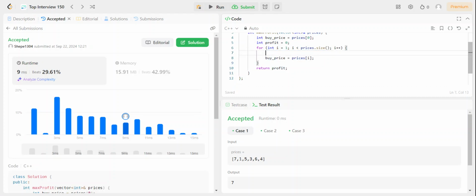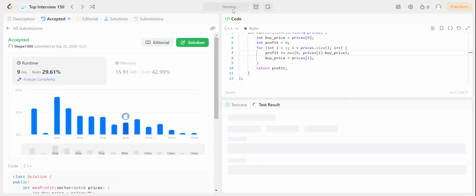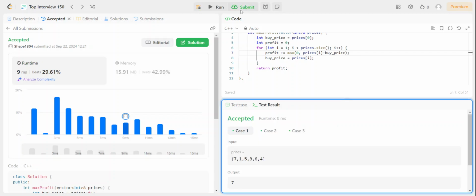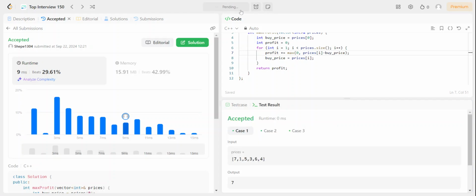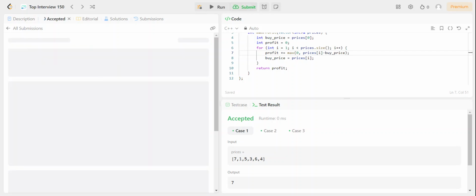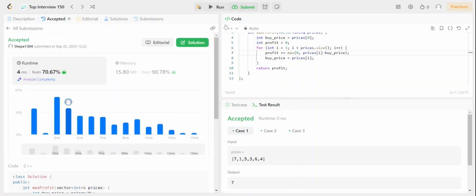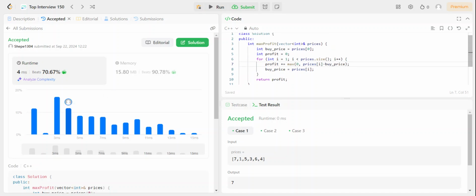We can just replace it with profit plus equals the maximum of zero and prices[i] minus buy price. And we can submit that. Aha, it becomes better.